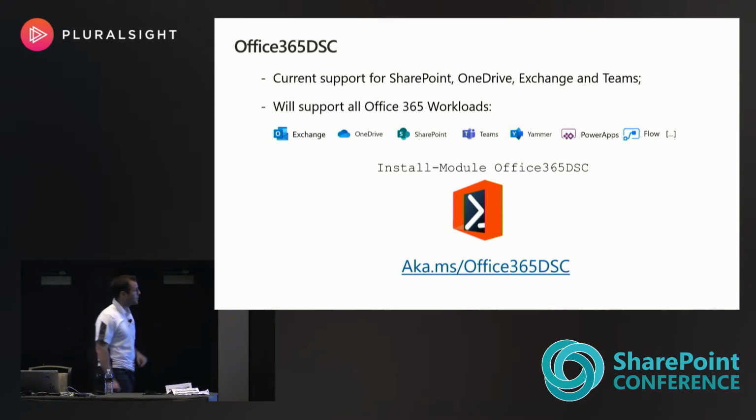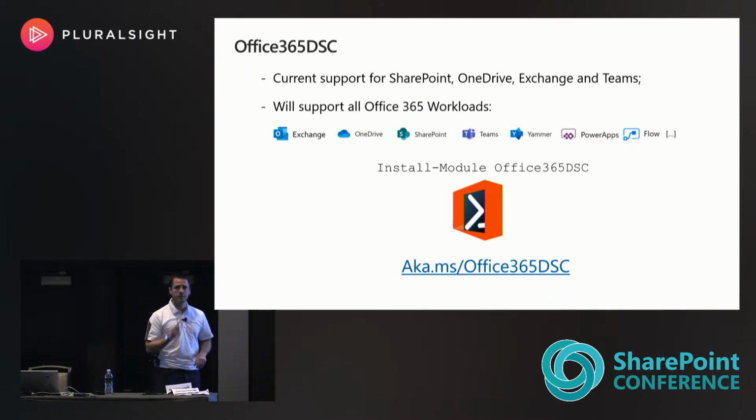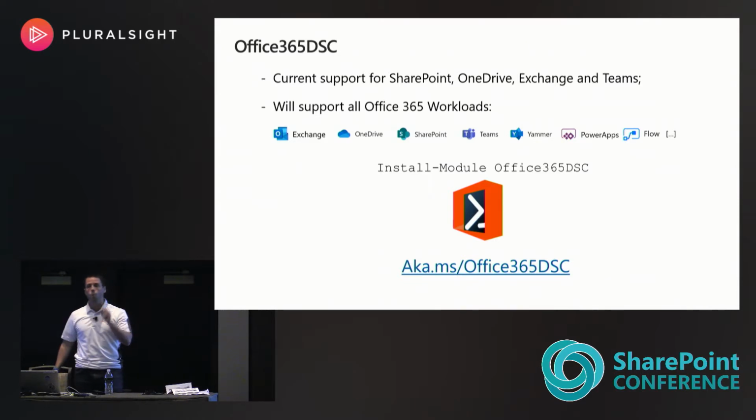If you want to try it, you run Install-Module Office365DSC, just like what I showed you there with Reverse DSC. We'll download the bits and install them on your computer. The one thing it does that is actually pretty awesome is this: right now, if you want to use PowerShell to manage your Office 365 tenant, you need the Microsoft Teams PowerShell module to manage Teams. To manage users, you need the MSOnline module or the Azure AD module.